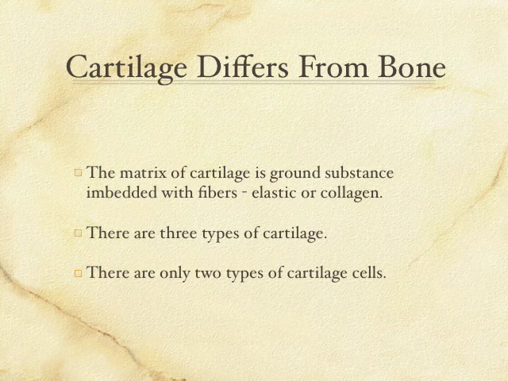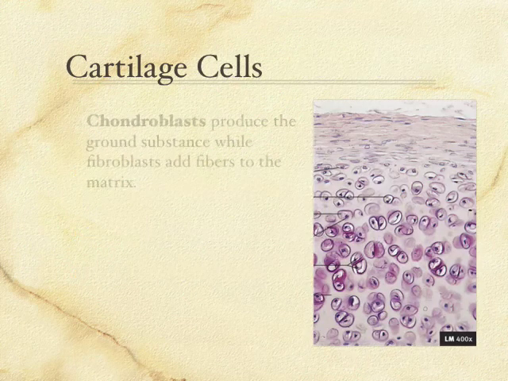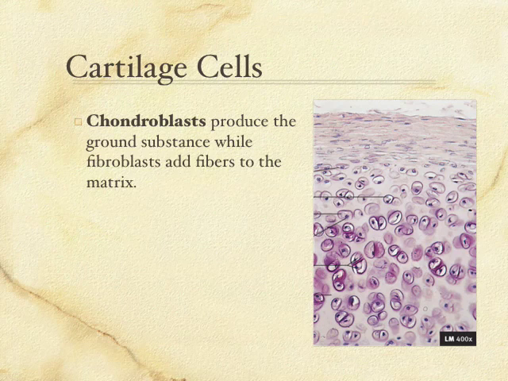And you know that when we studied bone, we said there were 3 types of cells that were very busy, very active. Here there are only 2 types of cartilage cells. So let's talk about those. First we have chondroblasts. Now you ought to be able to figure out that one, right?